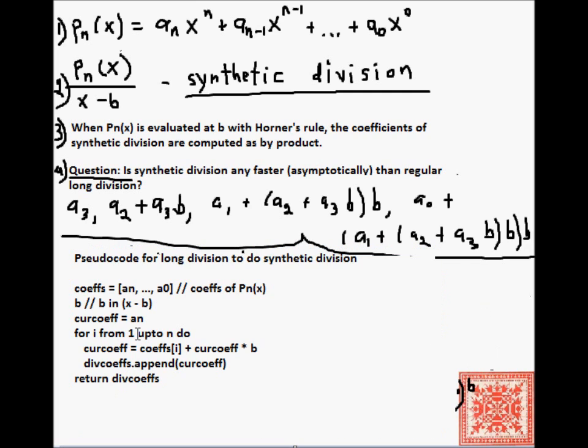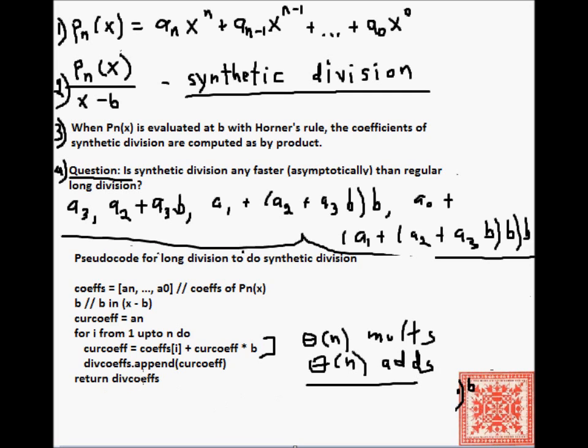Okay, so how fast is this? Well, obviously this is a linear algorithm, so we have theta n. So let's assume that the length of the coefs array is n. So we have theta n multiplications and theta n additions. So it turns out that the long division has the same speed asymptotically as the synthetic division, right?